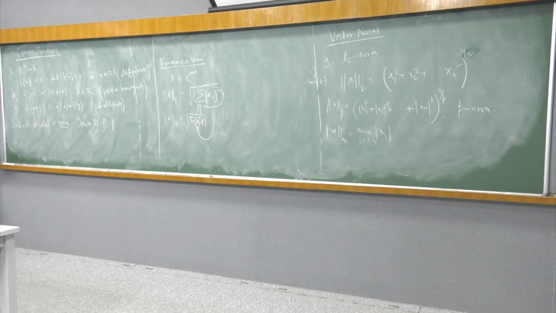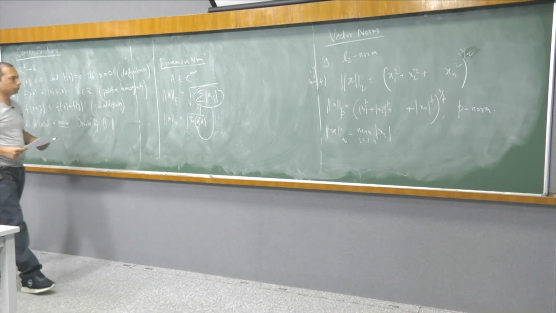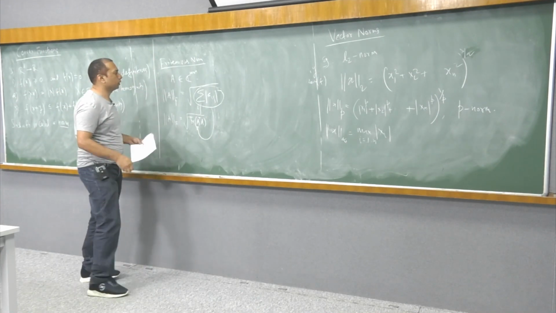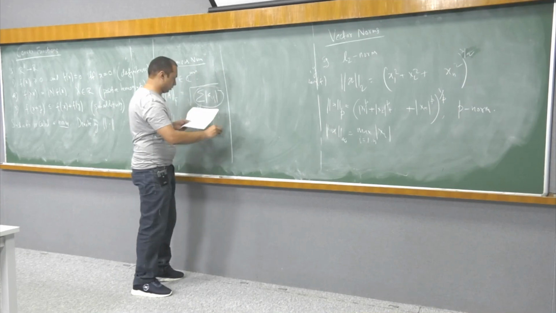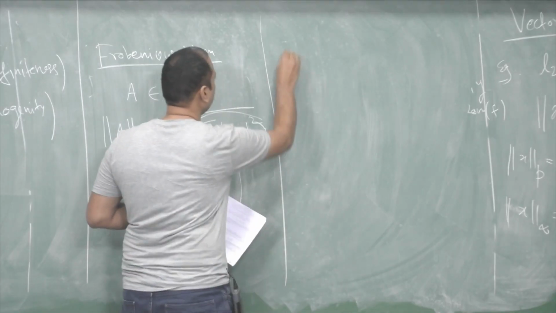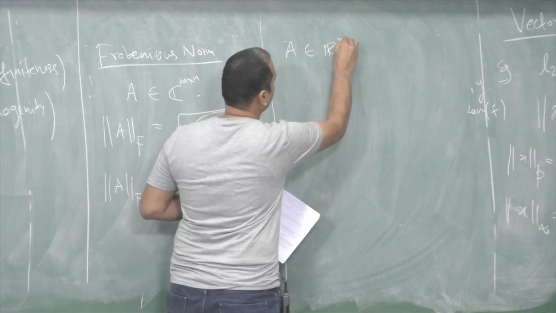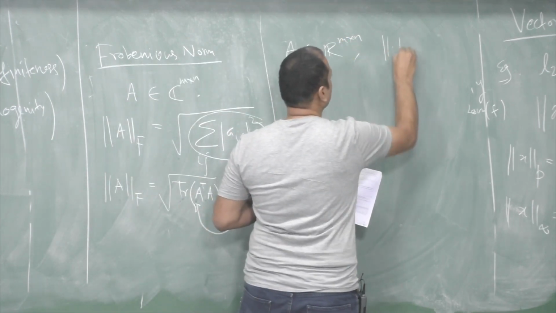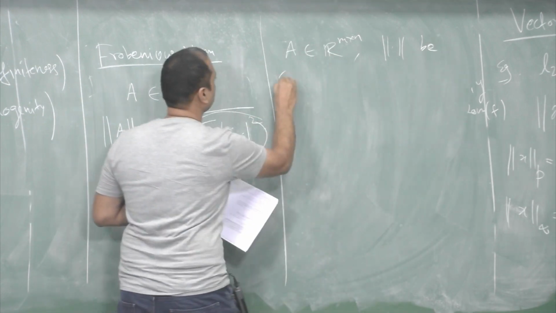So in general I can define some other matrix norm. This is the Frobenius norm, but we can define a matrix norm as follows. Let A be m by n and let this be any norm.